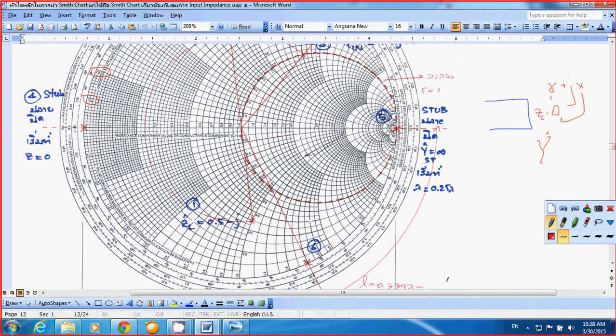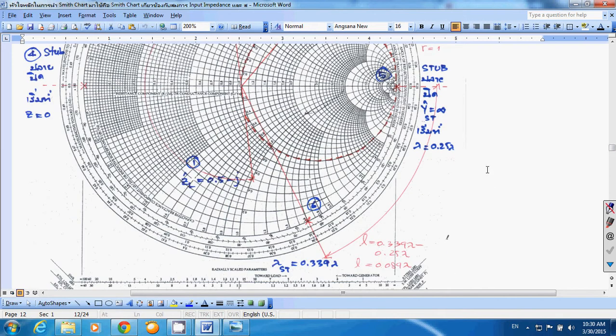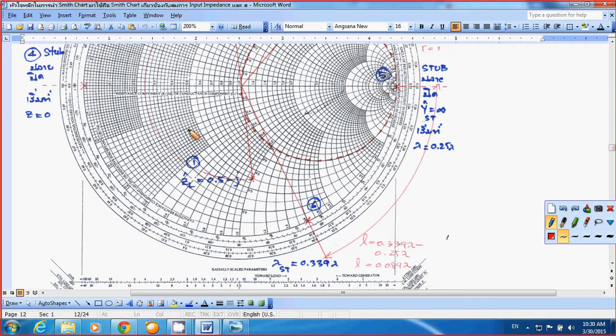So you have the position starting from here, and since you want to get rid of 1.6j, you're looking for the stub with the proper length that gives you a normalized admittance of negative 1.6j. For negative 1.6, you need to work on the lower part of your Smith chart because that gives you a negative imaginary part. So this is my 1.6.